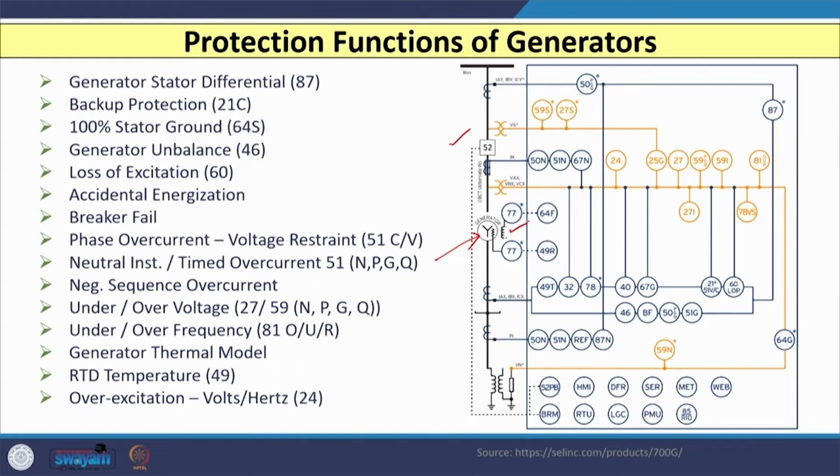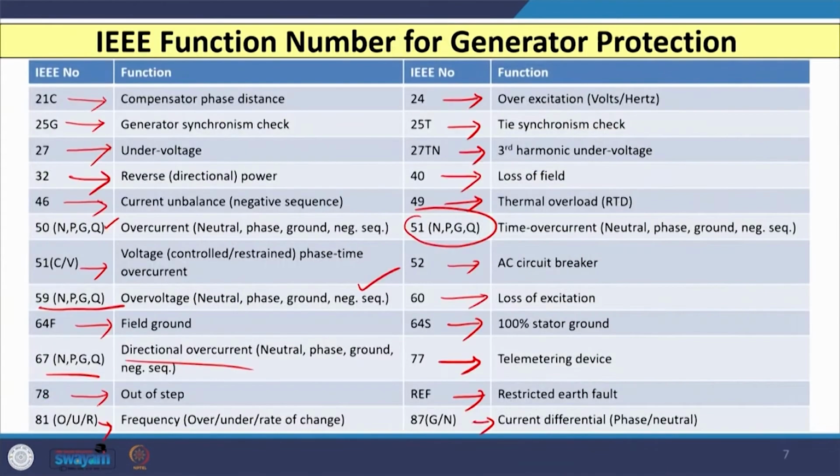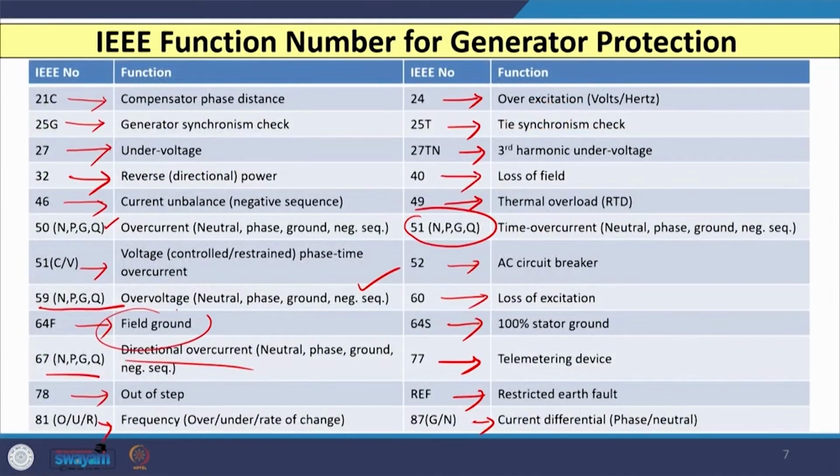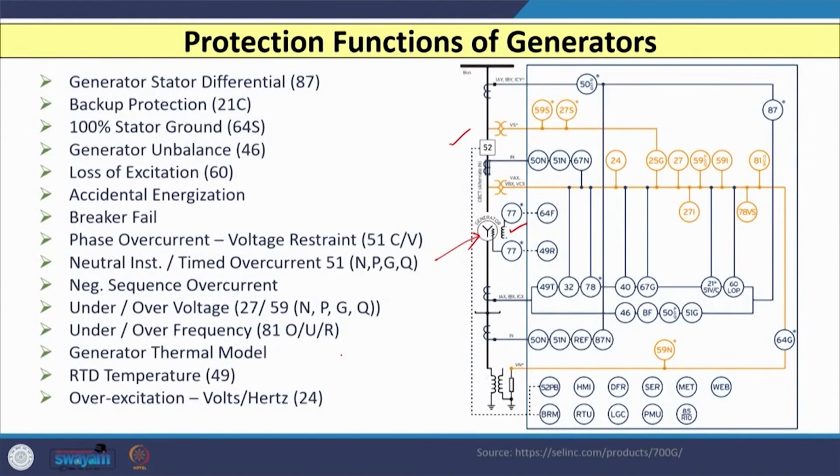In this field you have two important devices, that is 77 and 64F. 64F is field ground. If field ground protection is required, then you have to go for this, and 77 is for telemetering devices. So, this is available here.